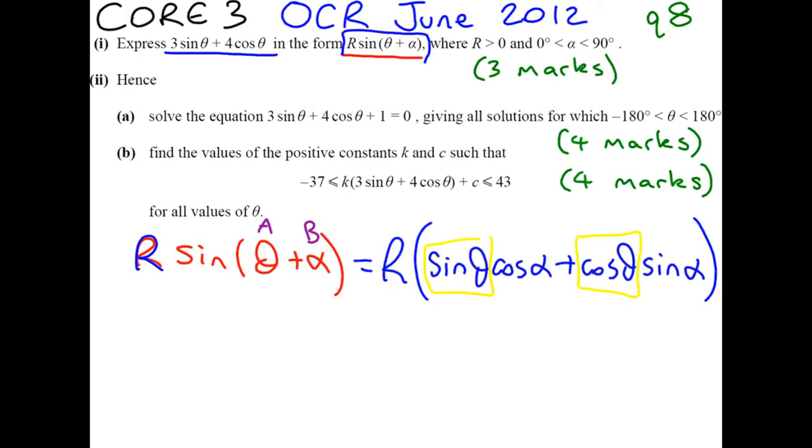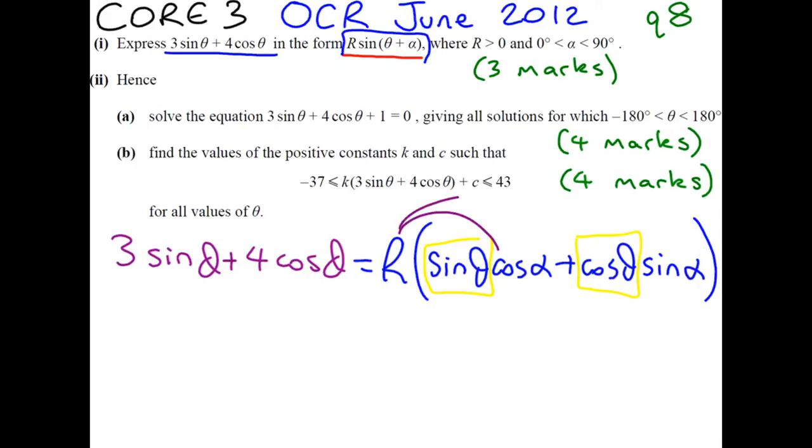So what we're going to do is write 3 sine theta plus 4 cos theta here, and think about how the equations equate. If you imagine multiplying out this big bracket, all it's going to do is make it so we've got r here and r here.